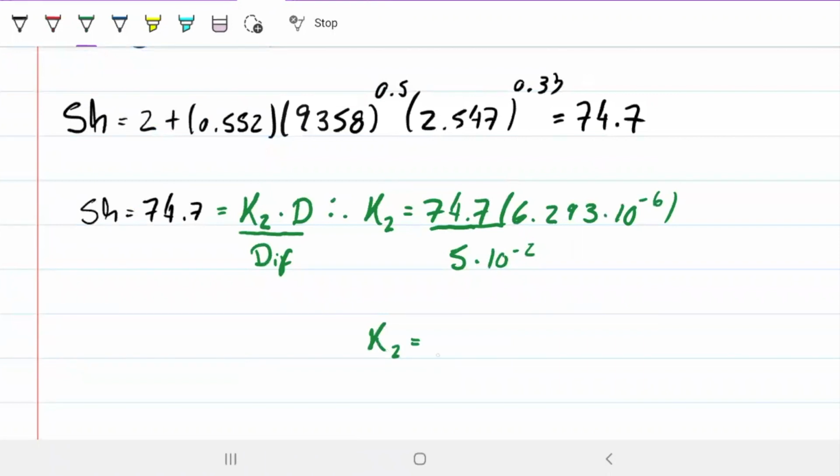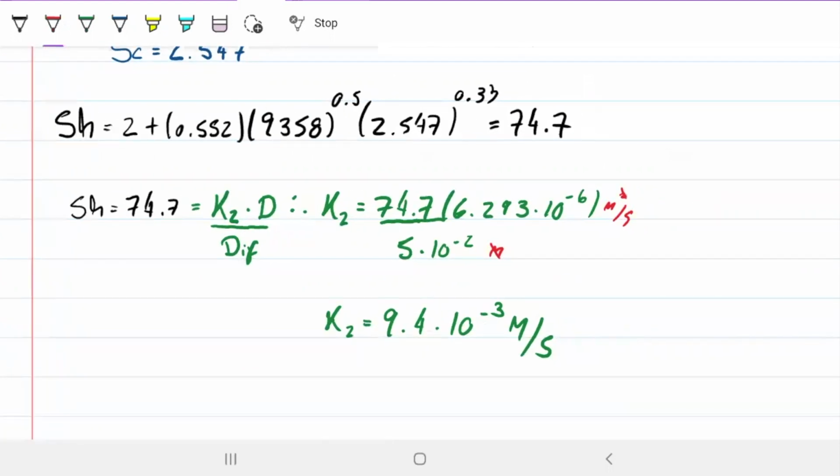Okay, so that means that K2 equals 9.4 times 10 to the minus 3. That's meters per second. Okay, this is meters squared per second, and this is meters over here, so those guys can cancel each other out. Meters per second. All right, cool.